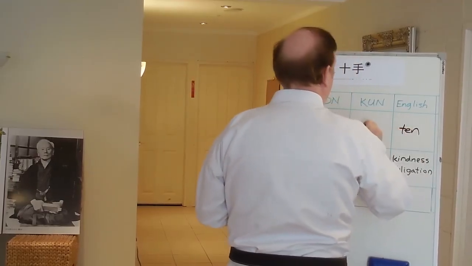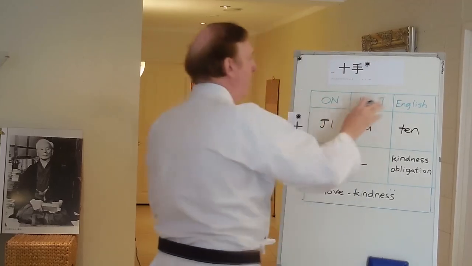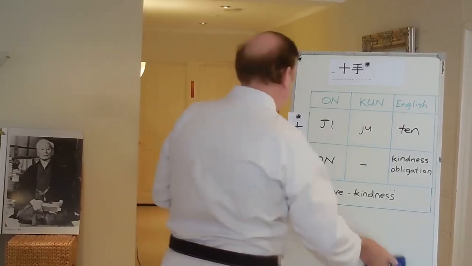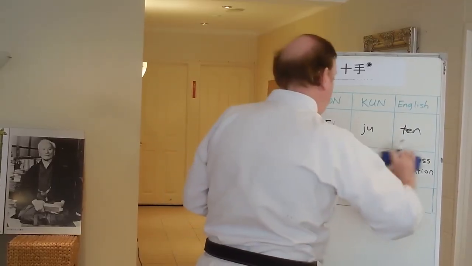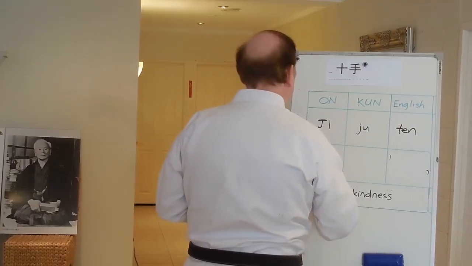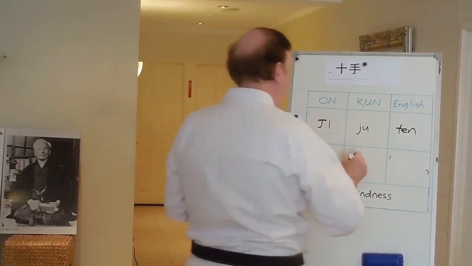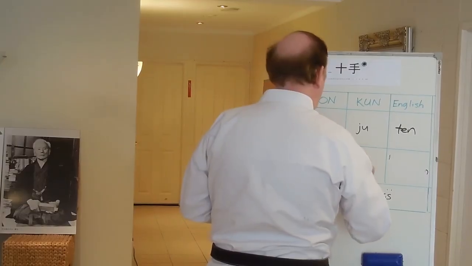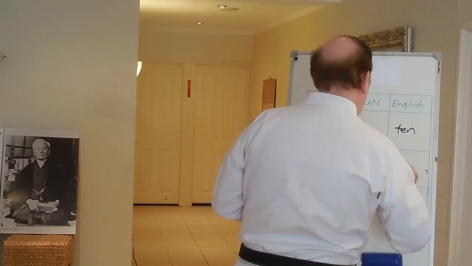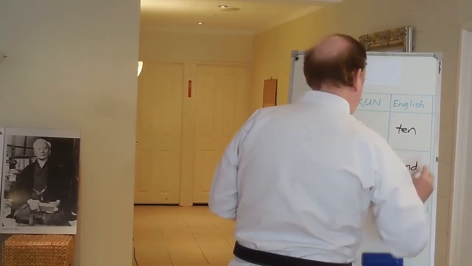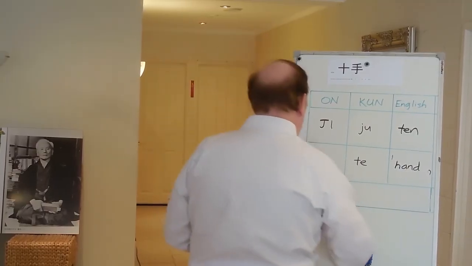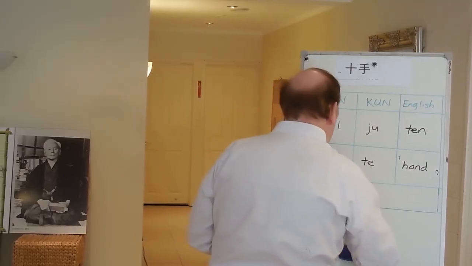This would actually be ju in the kun reading, Ji equals ten. And te, well obviously you know te, so te is really a Japanese word, we call it Japanese hand, and therefore this is just ten hands.